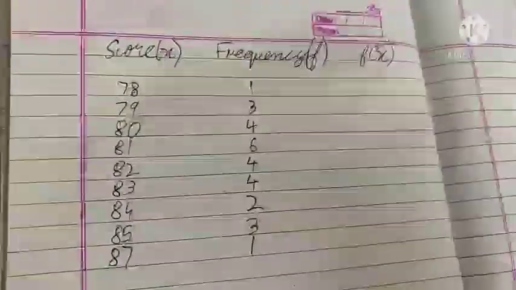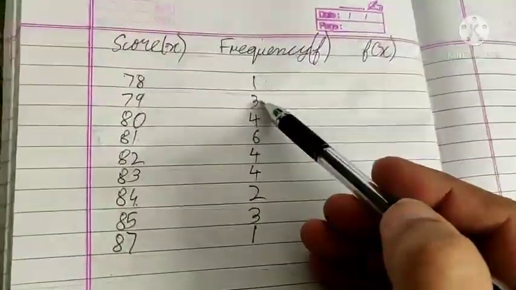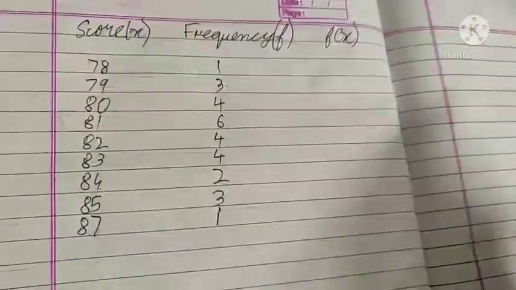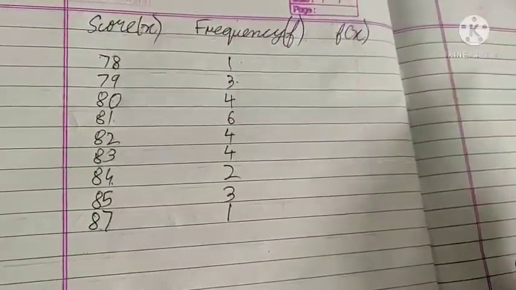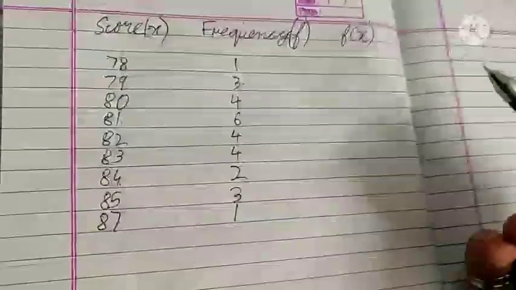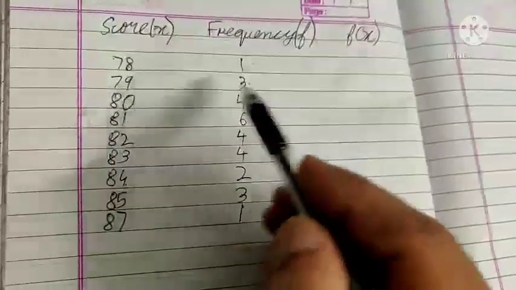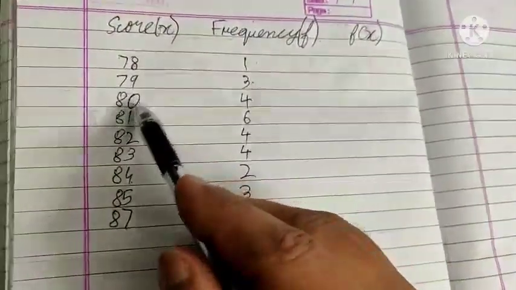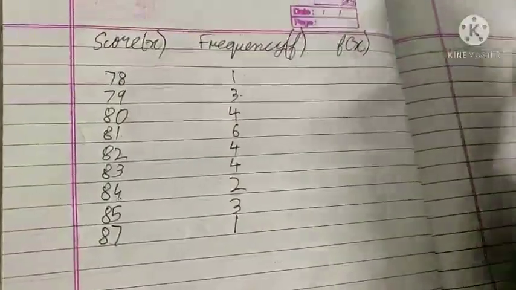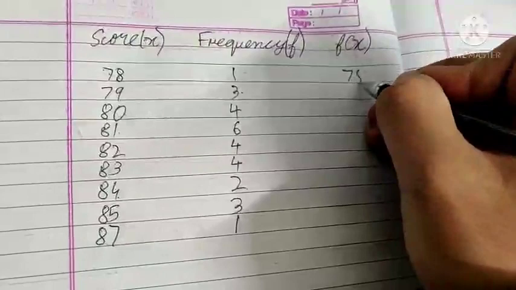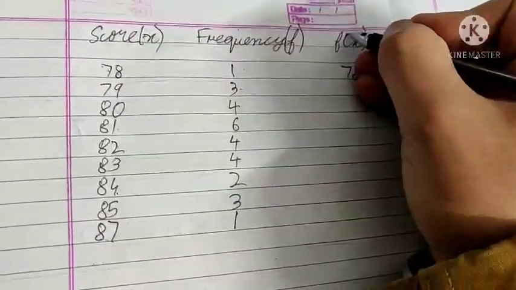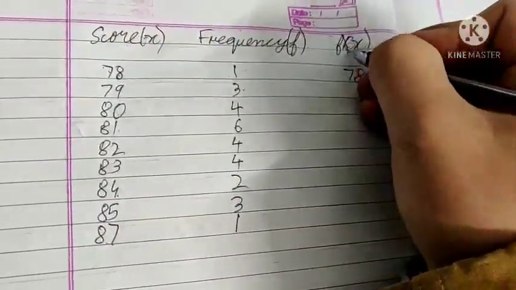And then we would have added how many times they are occurring: 1, 2, 3, 4, 5, total 28 times the numbers are occurring. So instead of adding 80 four times, we will multiply 80 into 4, and get 320 directly. In the same way, 78 into 1, 78. This is fx, f into x.